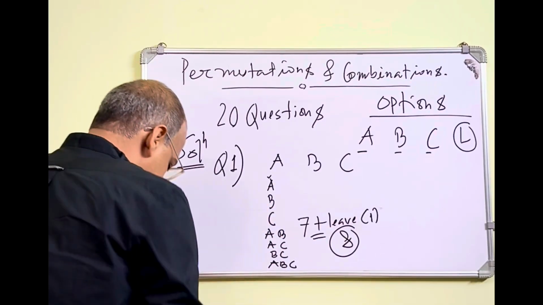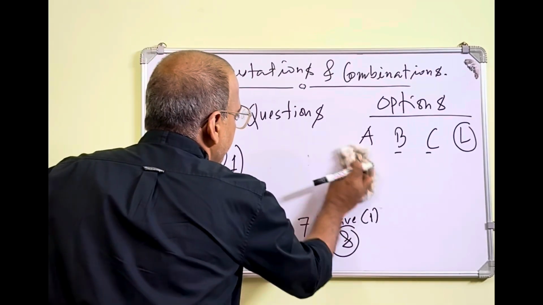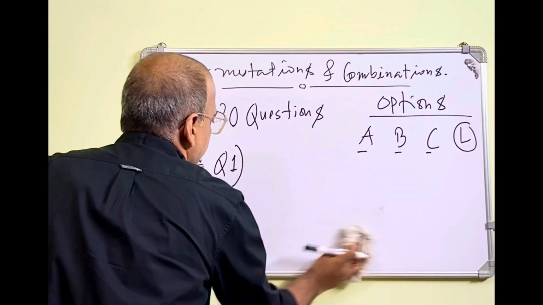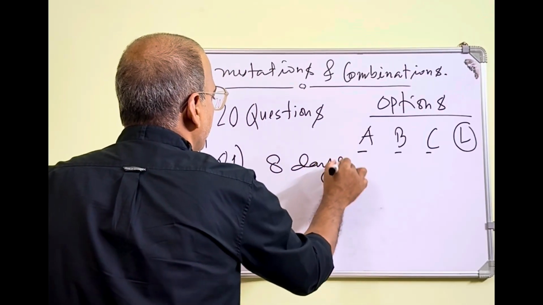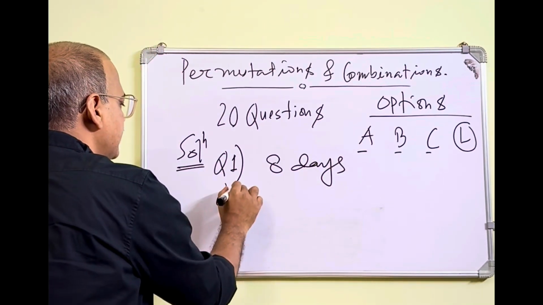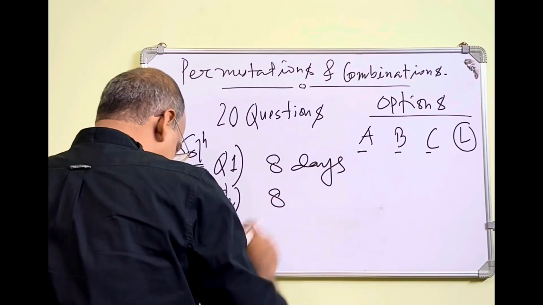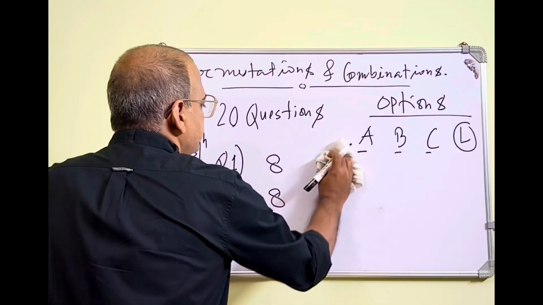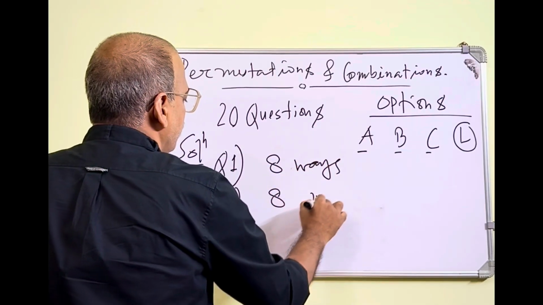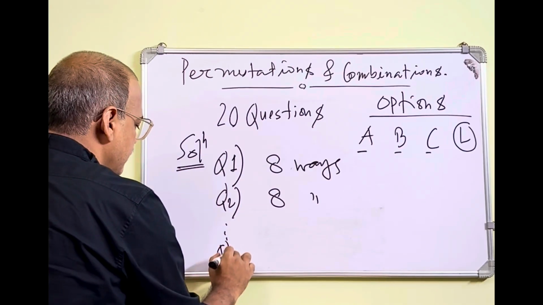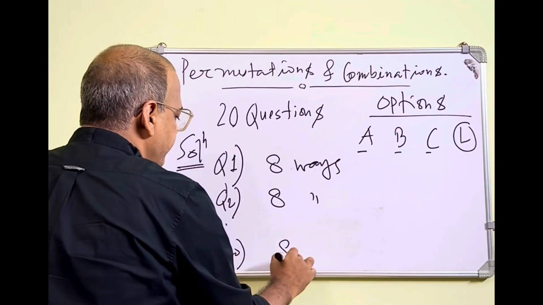Similarly, question number 2 can be chosen in 8 ways.